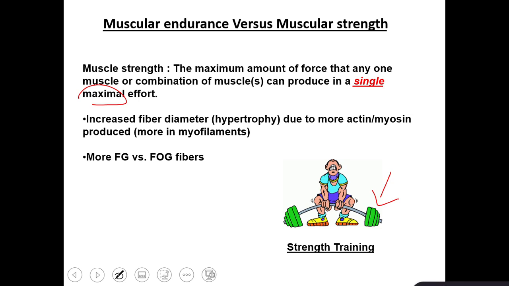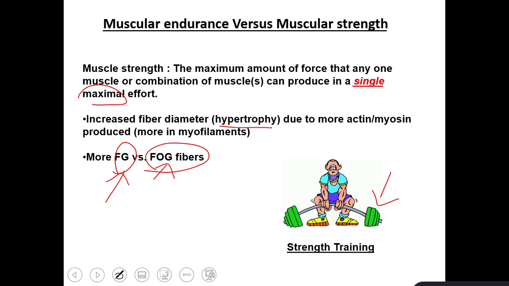And here the fibers that are mostly active are the anaerobic ones, the ones that we call fast glycolytic. So you are having more of those in comparison to the slow oxidative or fast oxidative glycolytic. So now you will not be having more mitochondria in comparison to people with high endurance. And as you use those large muscle fibers, you develop hypertrophy, meaning you will develop more muscle mass.